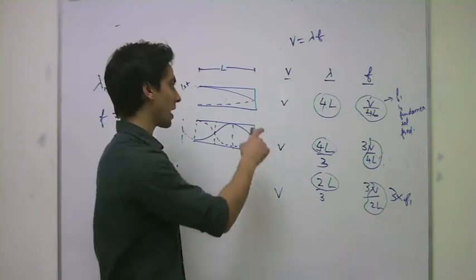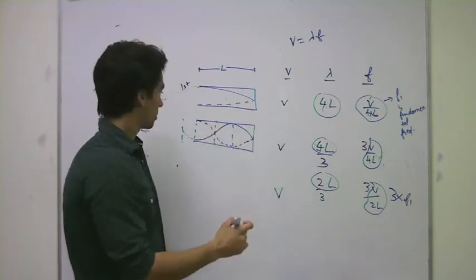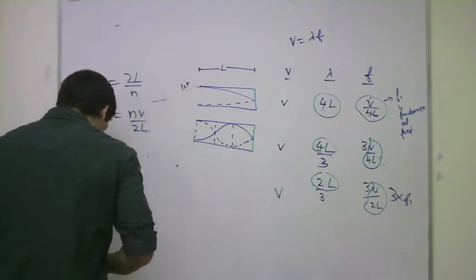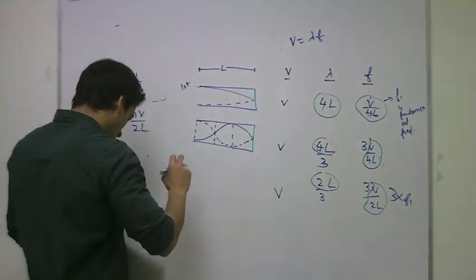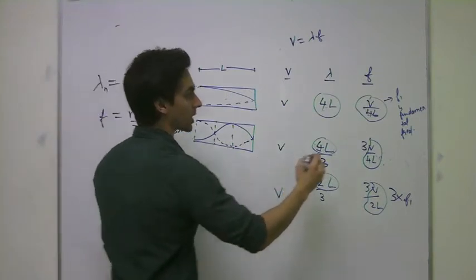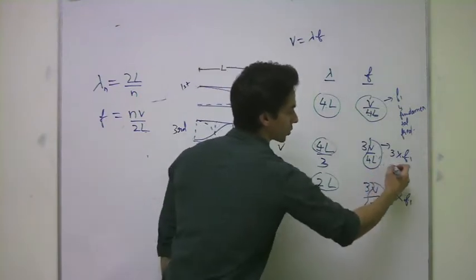This is a restriction that happens because of the one node and one antinode condition. We've moved on straight to the third harmonic for a pipe closed at one end, and this here would be 3 times the F1. It's also called F3.